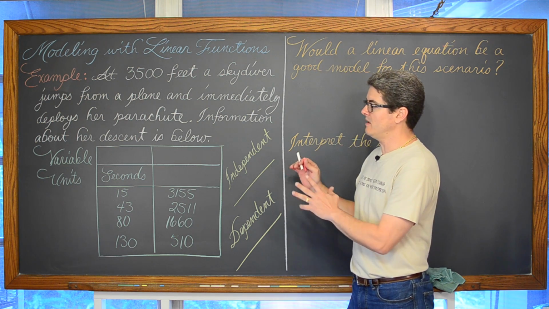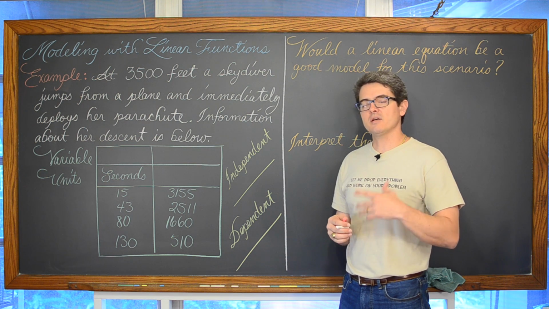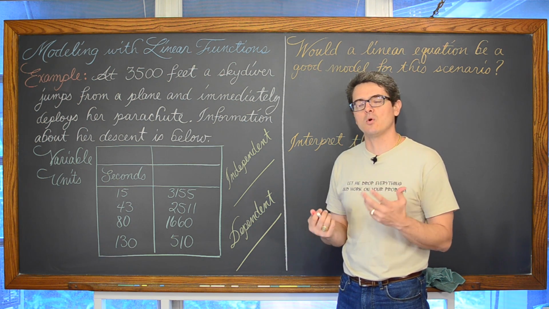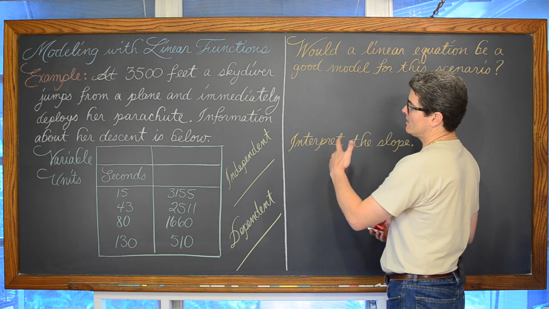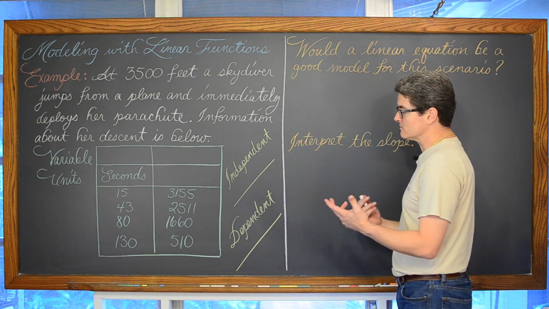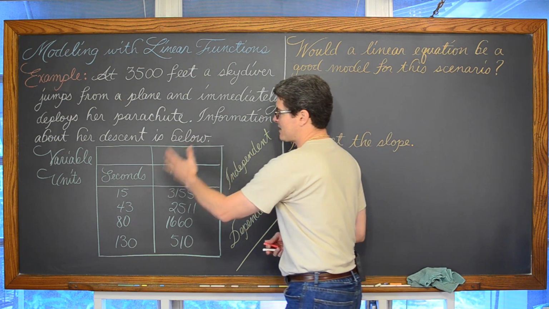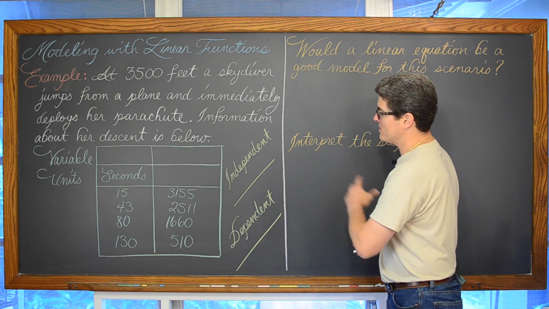Another way of thinking about an independent variable is a variable that you have some control over. Well, this person free-falling from a plane is not really going to have any control over the number of seconds that they're descending with the aid of a parachute or the altitude.